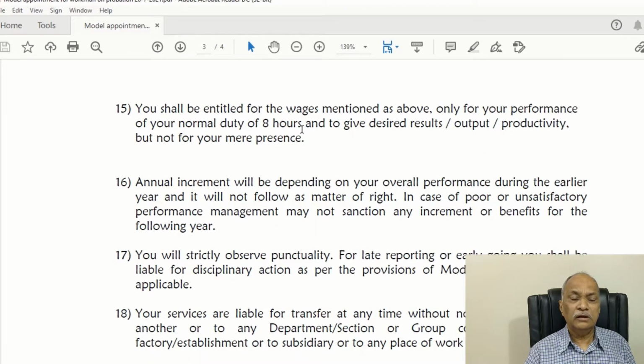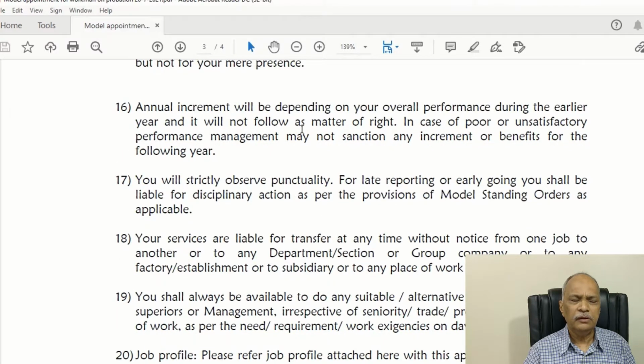You are also entitled for wages only when you deliver the 8 hours honest duty, because your compensation is decided for the daily 8 hours output or productivity. Next point is very important, annual increment. Many times there is a misconception in the minds of the workmen or parties that annual increment is their right.